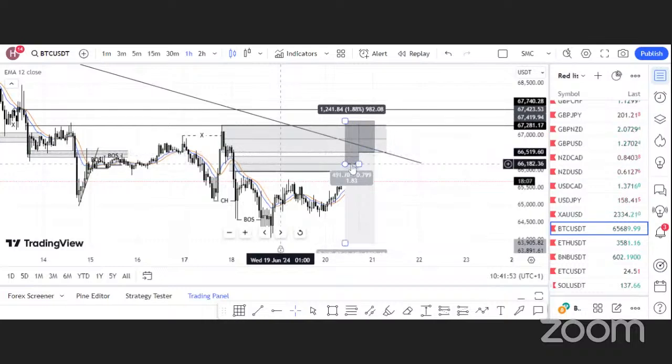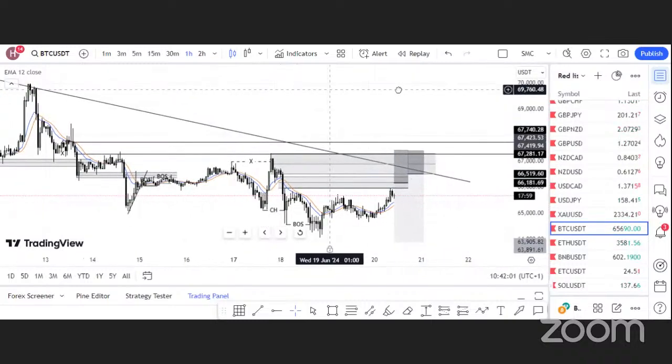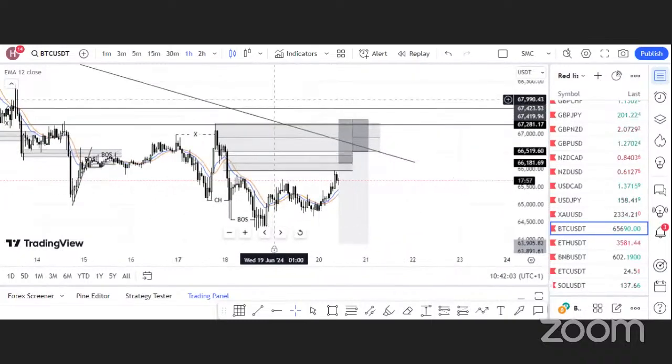So even if this doesn't happen, this will definitely happen. These are analysis you can keep an eye out for, and once you get a good confirmation, you can open a sell position. So that's the analysis for BTC USDT.